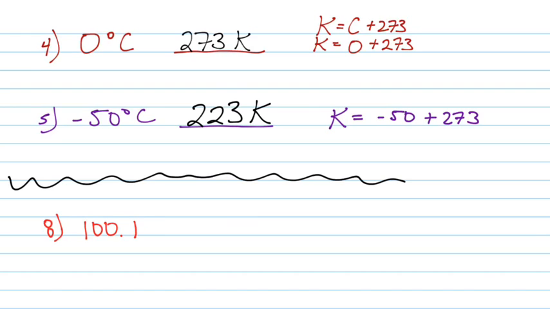What if we're going the other way, like on number 8? It gives us Kelvin, and we're going to turn it into Celsius. How would we go the other way from Kelvin into Celsius? Yeah, good. You're just going to subtract instead. So on this one, we take whatever's given and subtract 273. What's 100 minus 273?